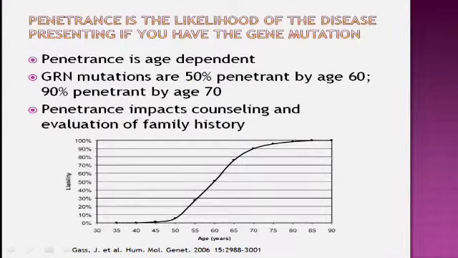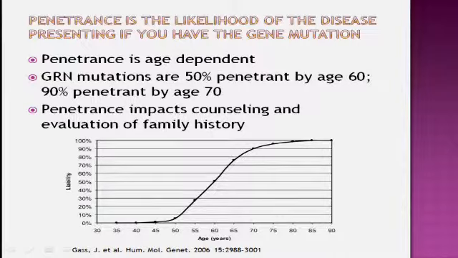In addition, penetrance is the likelihood that a disease will present itself if you have the mutation. As you can imagine, in an adult onset disease, the older you get, the higher the probability. For progranulin mutations in particular, as shown in the graph here, which shows the age of an individual on the x-axis and the chance of having disease on the y-axis, by age 60, progranulin mutations are 50% penetrant, and they are 90% penetrant by age 70.